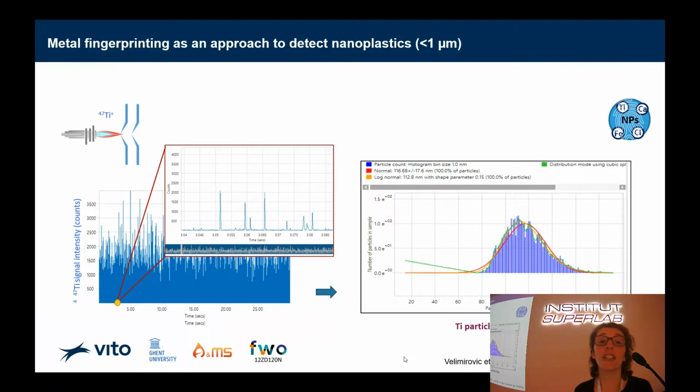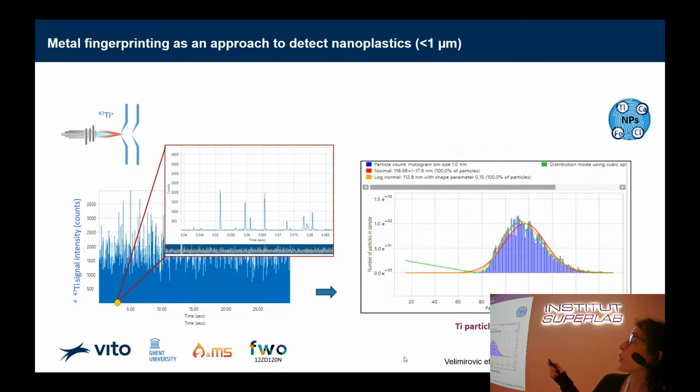Again, metal fingerprinting as an approach to detect nanoplastics. This is why I was interested in the fingerprint of the plastic per se. Here you can see the results for nanoplastics which were produced in our laboratory.